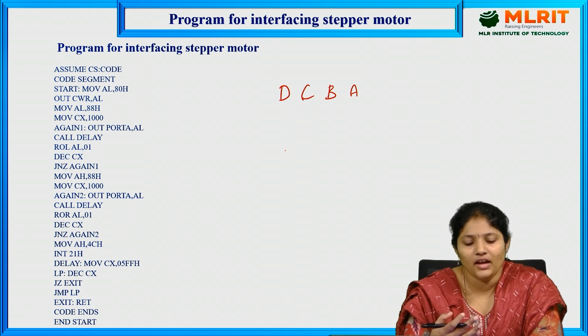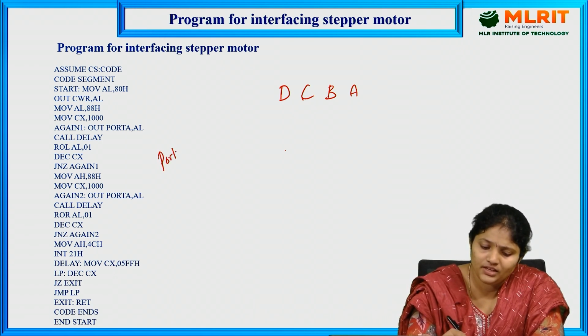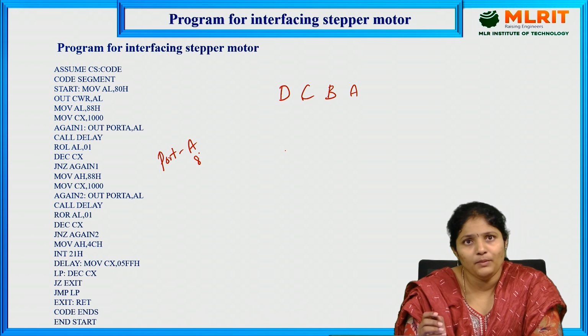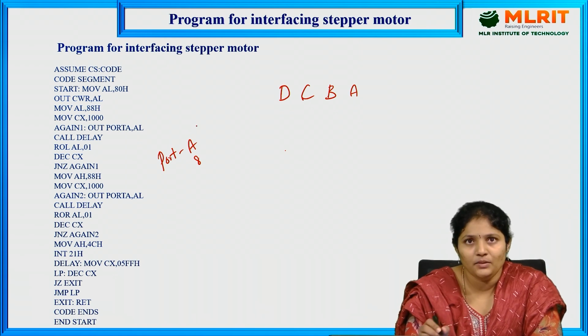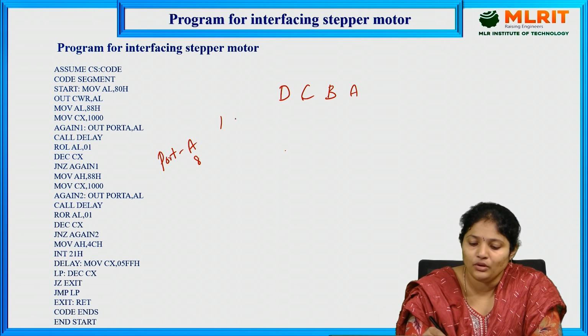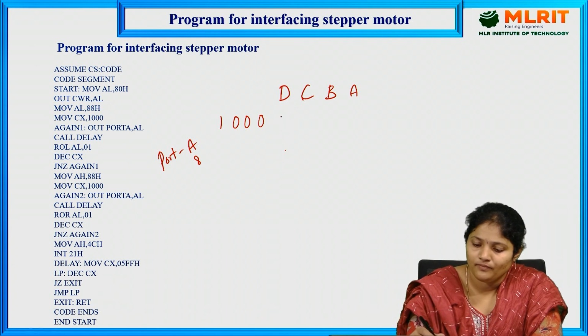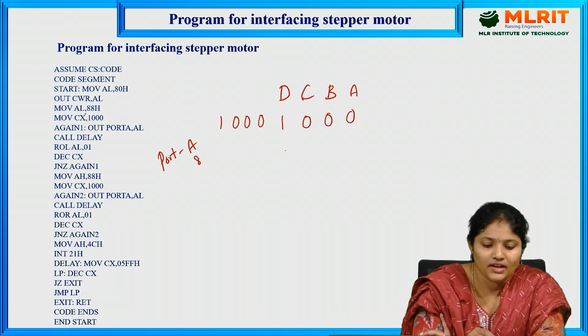But here port A has 8 pins, and port B and port C also have 8 pins. So I was taking port A, and 8 pins will be required. That's why I am loading port A with 88.